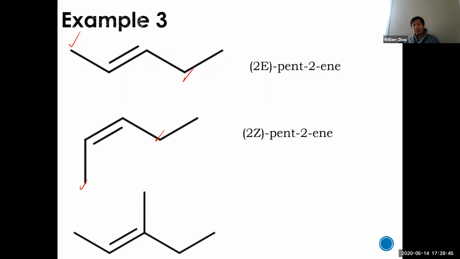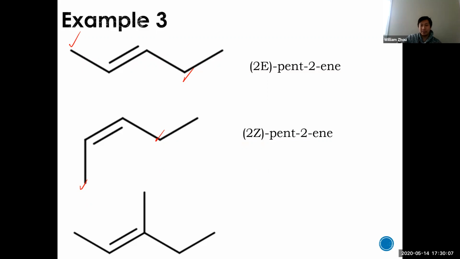The more confusing one is the last one. E or Z? It's still pent-2-ene, but is it E or Z? E. Why do you say E? Because the methyl group is worse than the carbon 4. Yes, because we judge carbons now.